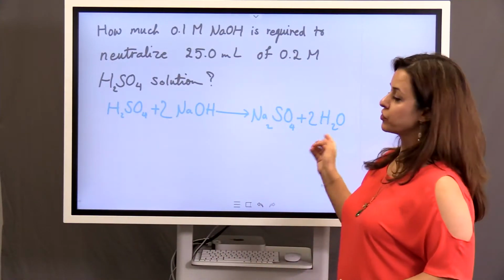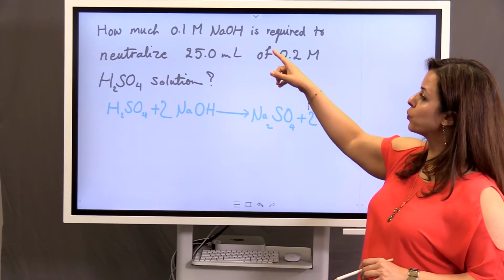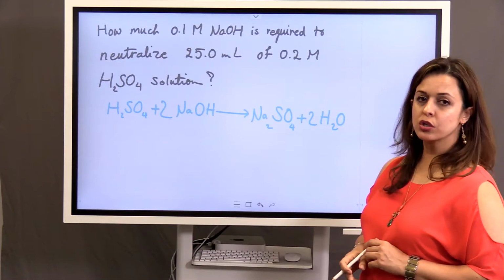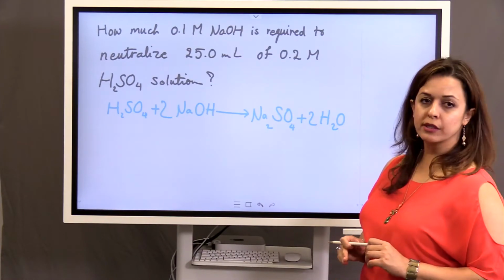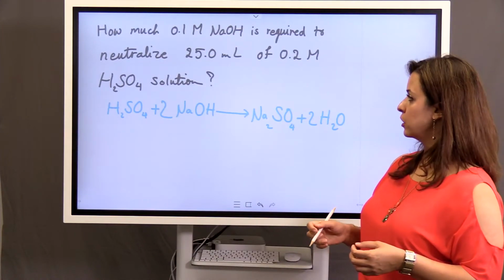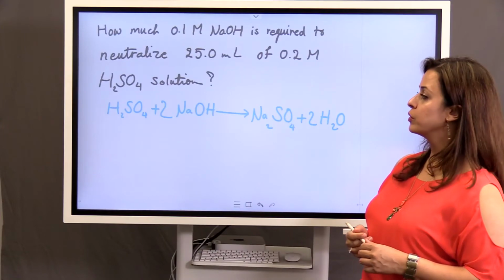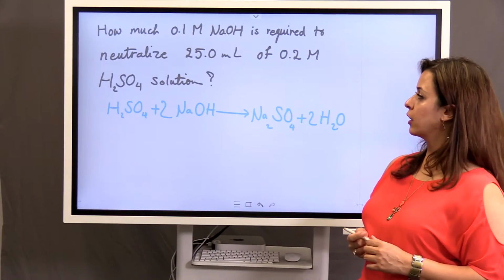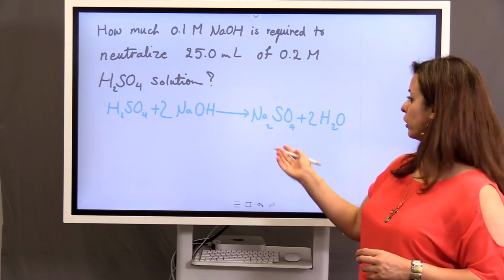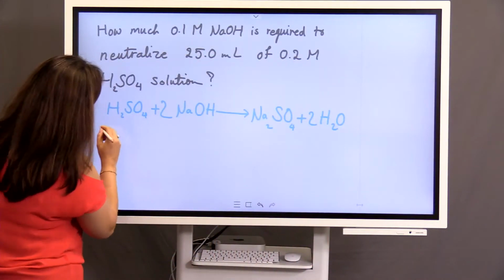This is a titration problem. How much of a 0.1 molar NaOH is required to neutralize, because we are neutralizing the acid and base, 25 milliliters of 0.2 molar sulfuric acid solution according to this equation? So what was the equation again?